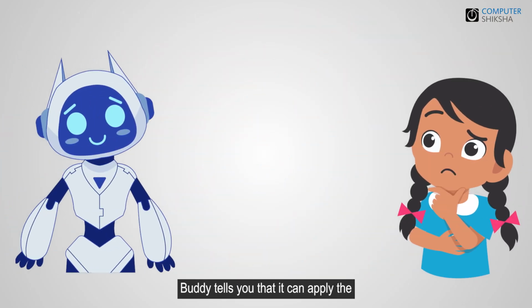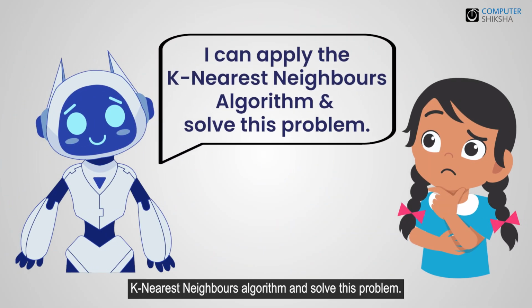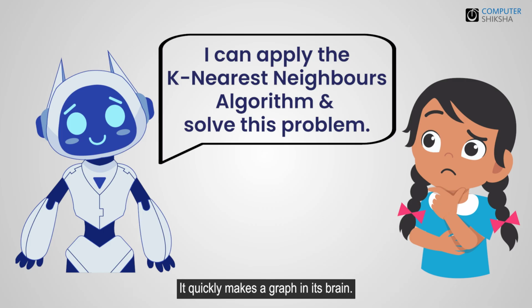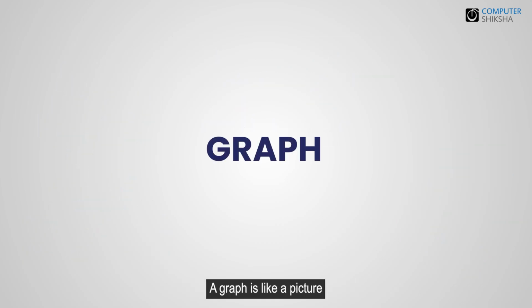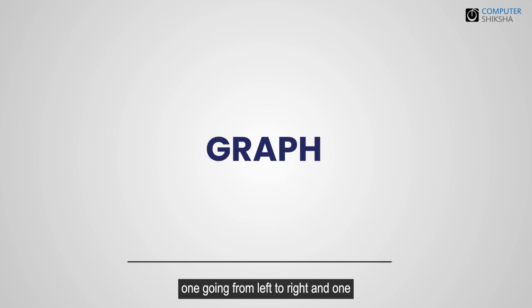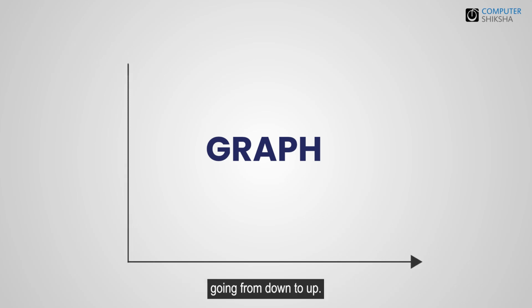Buddy tells you that it can apply the k-nearest neighbors algorithm and solve this problem. It quickly makes a graph in its brain. A graph is like a picture that helps us see information clearly. It has two lines, one going from left to right and one going from down to up.